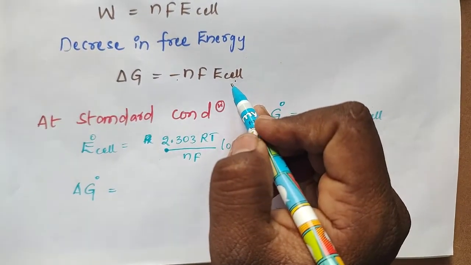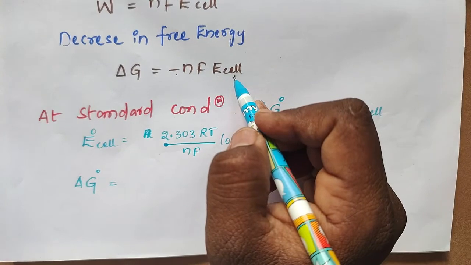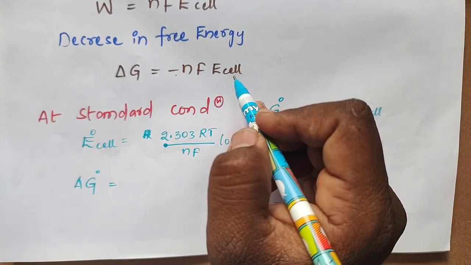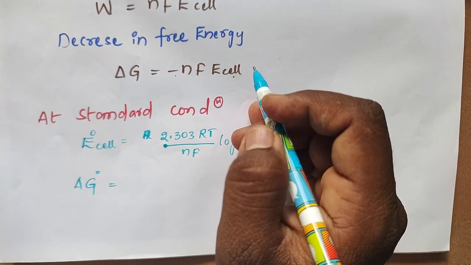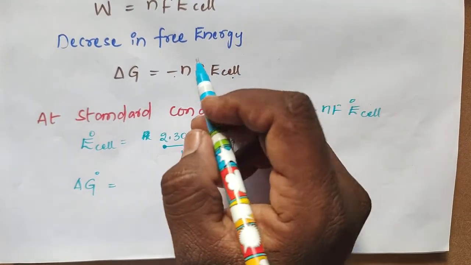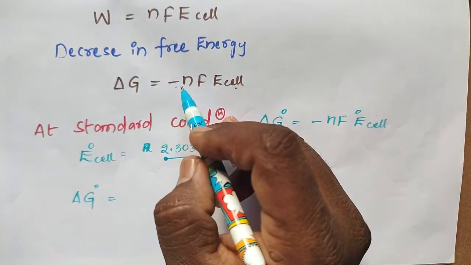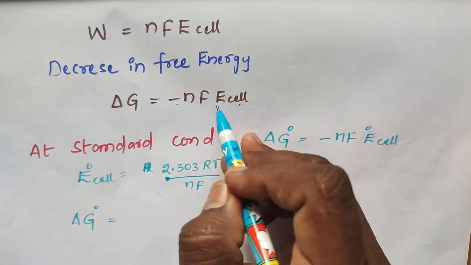For spontaneous processes, delta G is negative.